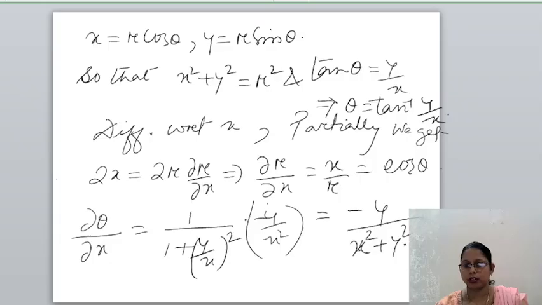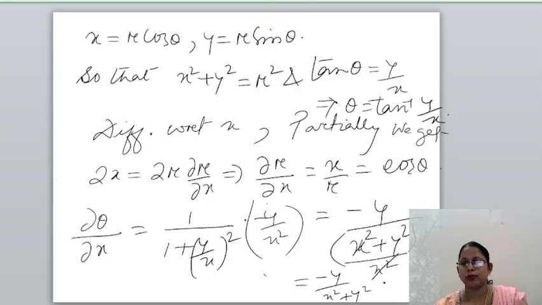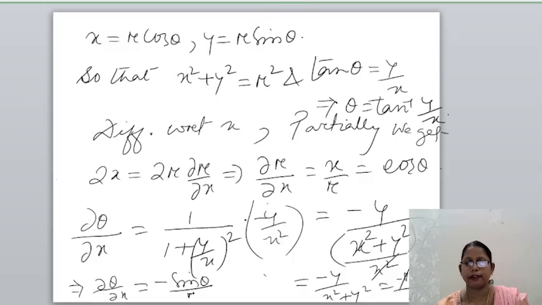We get minus y by x square plus y square, which is minus r sin theta by r square. This r cancels out, that means the value of del theta by del x will be minus sin theta by r. Now put this value in 1.